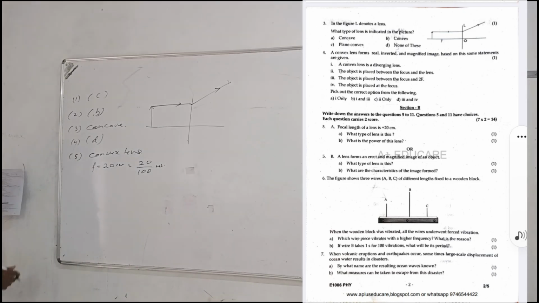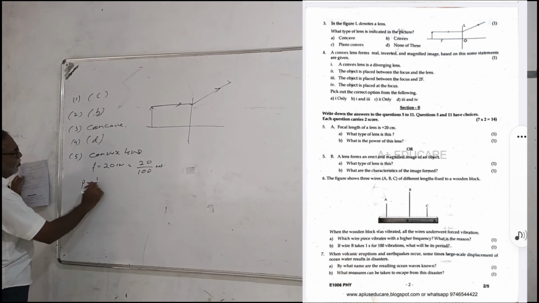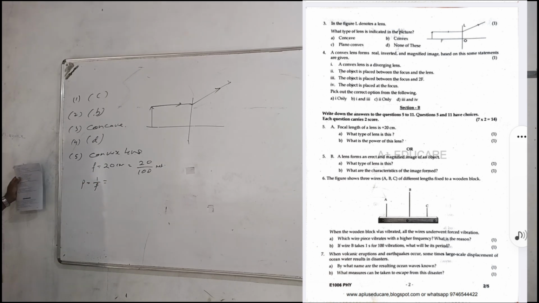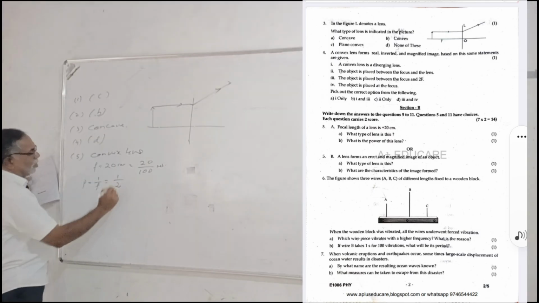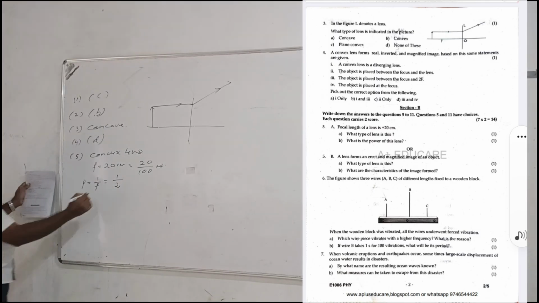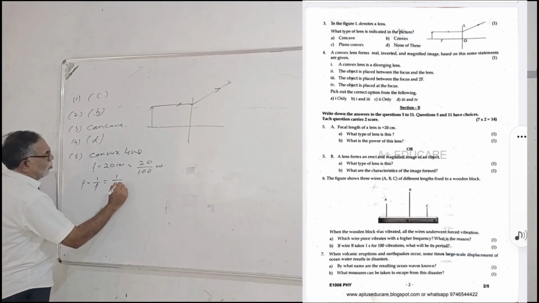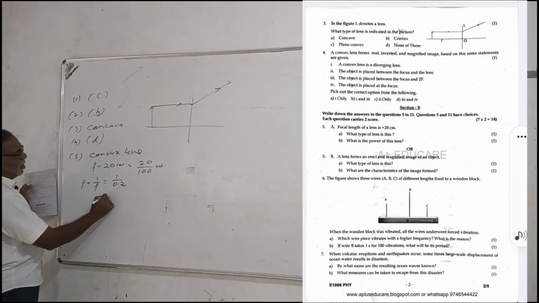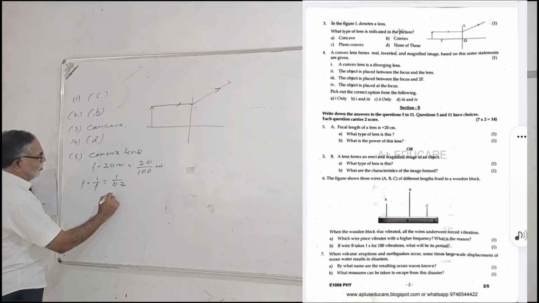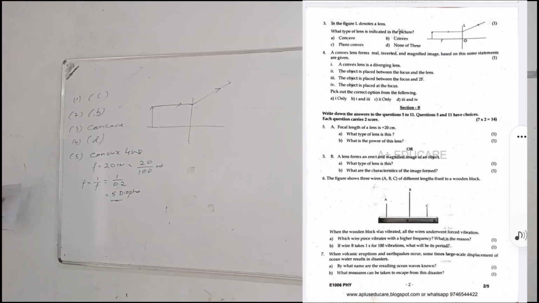So power P is equal to 1 by F in meters. That is 1 divided by 0.2. You are getting 5 diopter. The unit of power is diopter, 5 diopter.